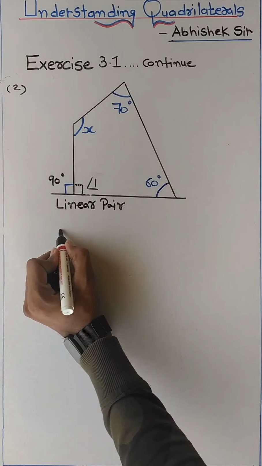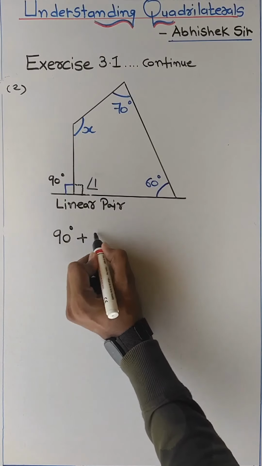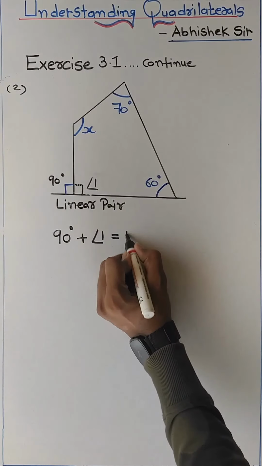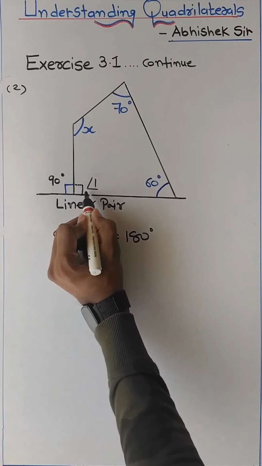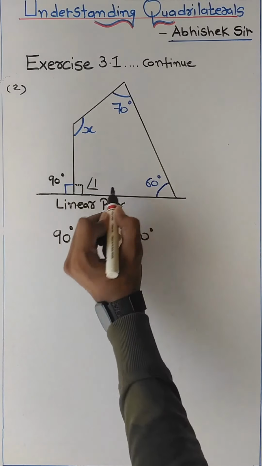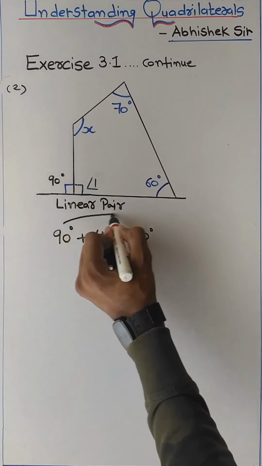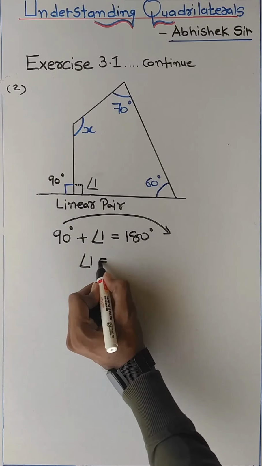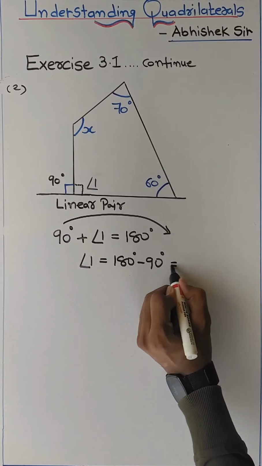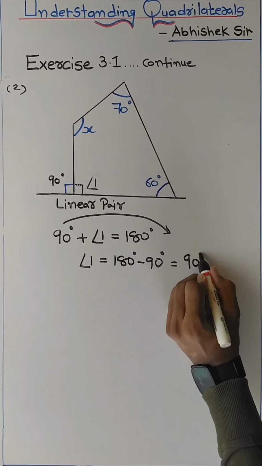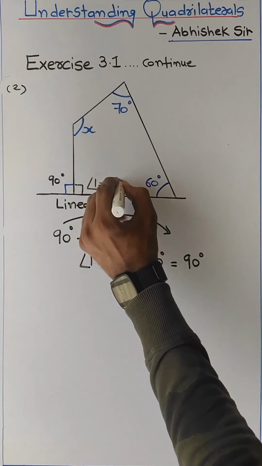If you add 90 and angle 1, it is always 180 because this straight line is determining which kind of angle? 180, right? So if you want to find out angle 1, you will have to take this 90 on the other side. So angle 1 is 180 minus 90 and that is 90 degree. So what is the internal angle? Internal angle is 90 degree.